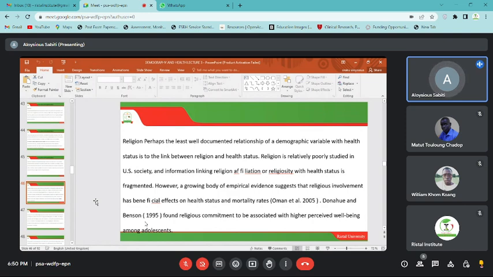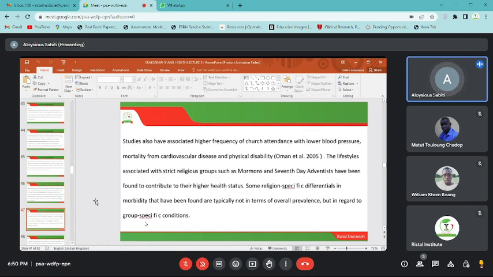You'd also want to know the number of days of illness an individual took to heal from a particular illness relative to their religion. Those are very key characteristics you could look at.